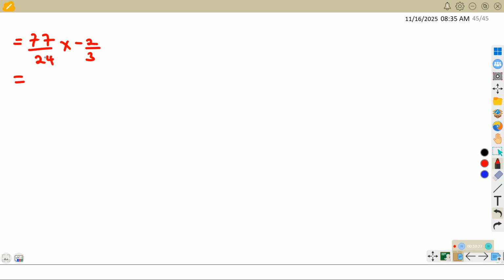So let us try to simplify this. So by 2 is 1, by 2 is 12. So we shall get 77/12 times 3. This is a minus. 12 times 3 is 36.